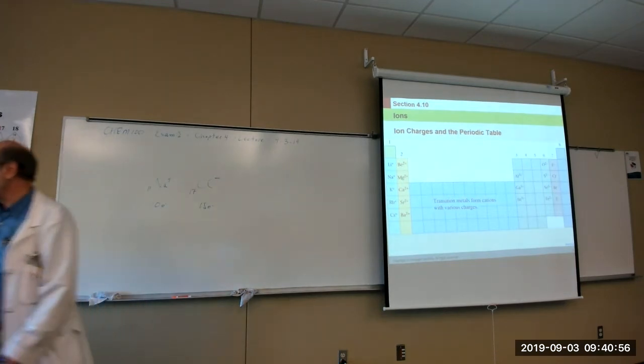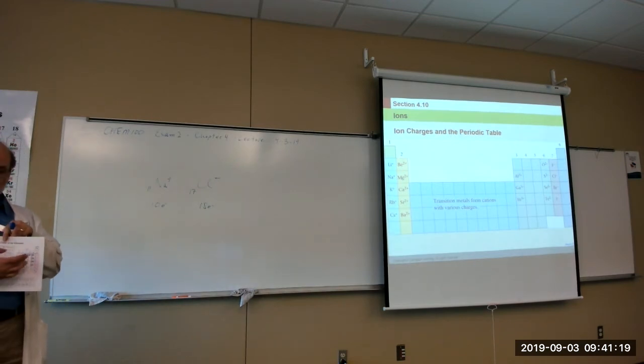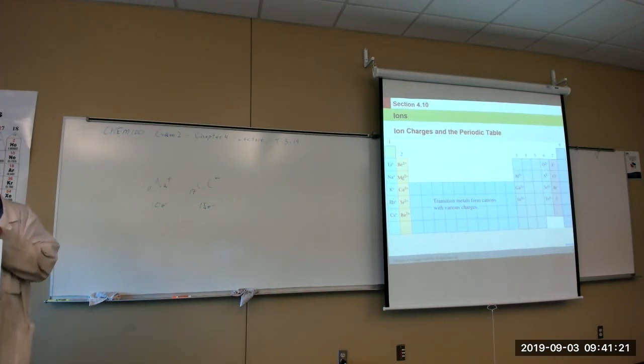Now, you'll notice also in that periodic table that I gave you, where is it? Here it is. You'll notice that in the upper right-hand corner of each one of these cells is a list of charges. These are available charges for the element.